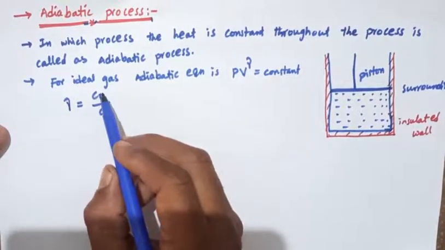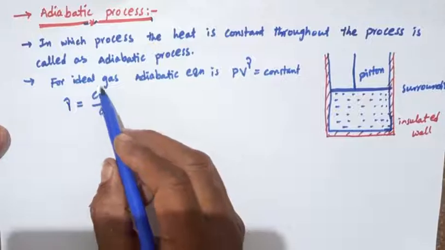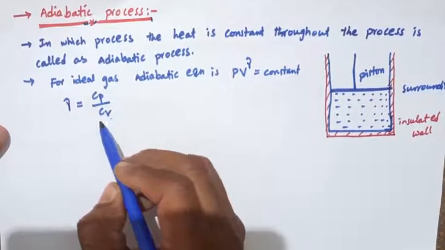Cp is the molar specific heat at constant pressure, and Cv is the molar specific heat at constant volume.